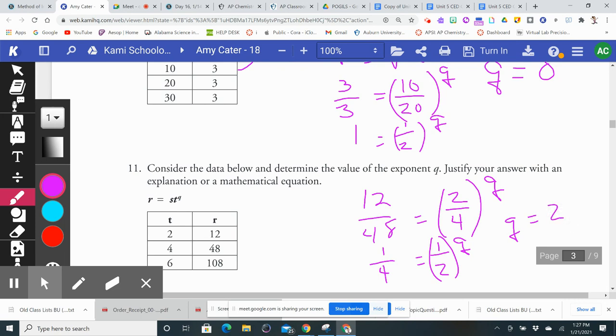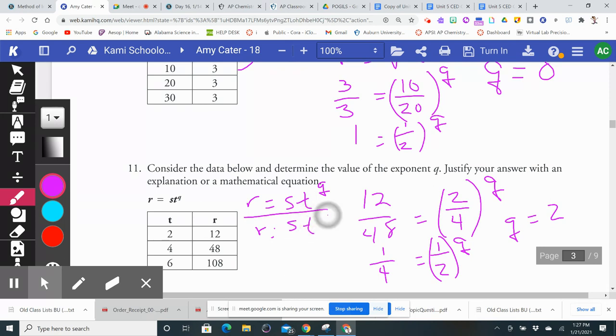You said 48 before on top. That's the first one over 2. I don't know that I would do that. If you did do that, you have to make sure you did exactly the same thing on the other side, which I think you were. But to me, it would be much easier just to set the two equations over each other and then cancel out your S and then work with what's left.